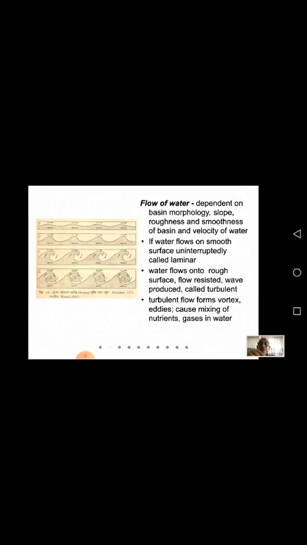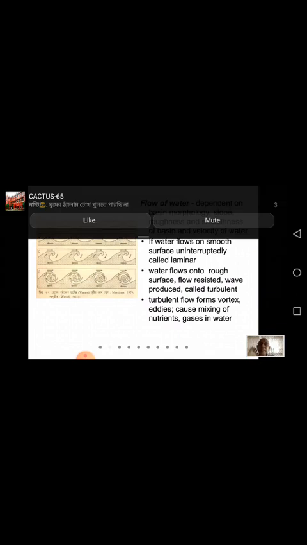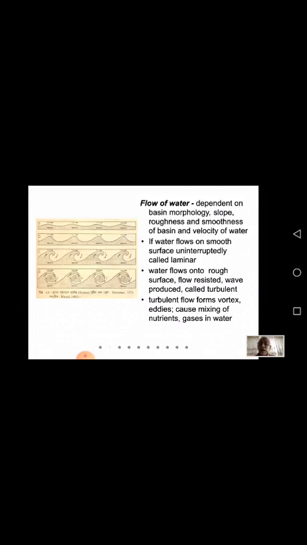If water flows on a smooth surface uninterruptedly, it is called laminar flow. If you just put some water on a glass sheet, the water will flow without any disturbance from the surface, and that is called laminar flow.